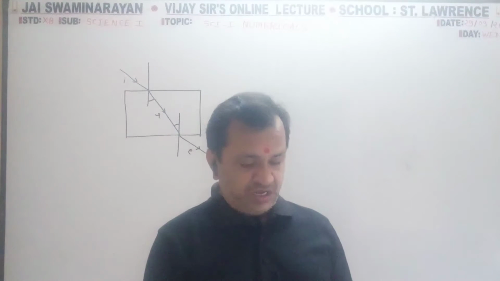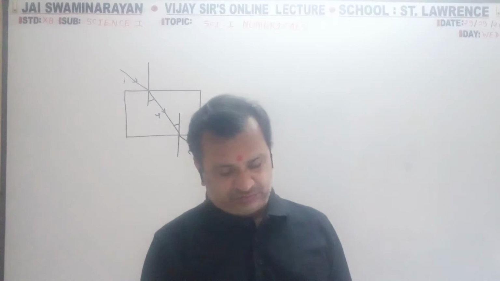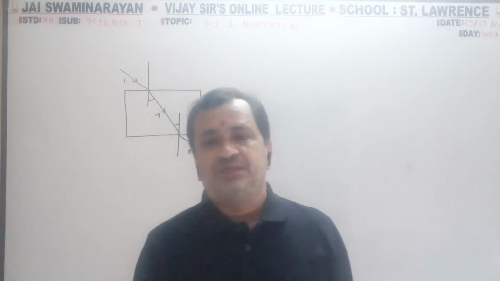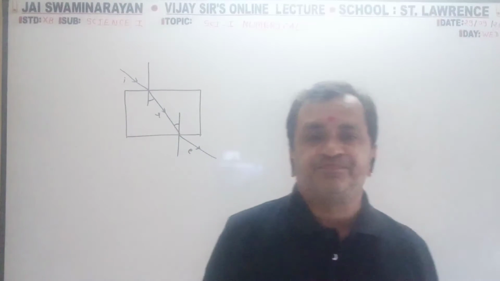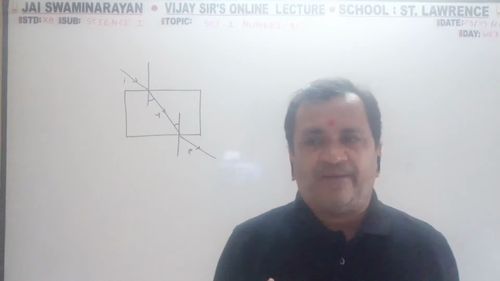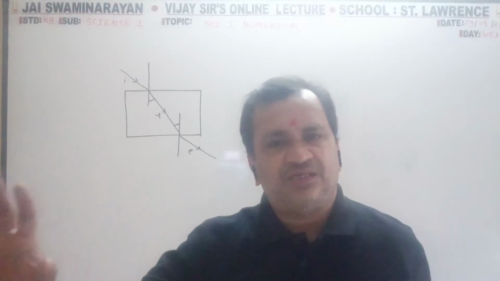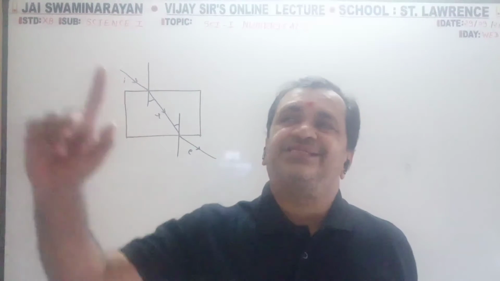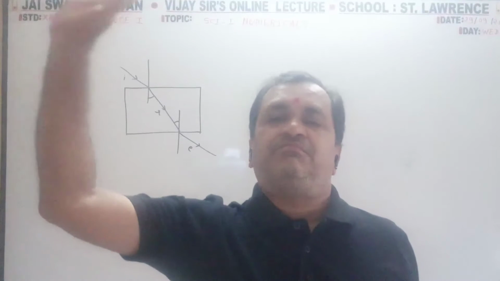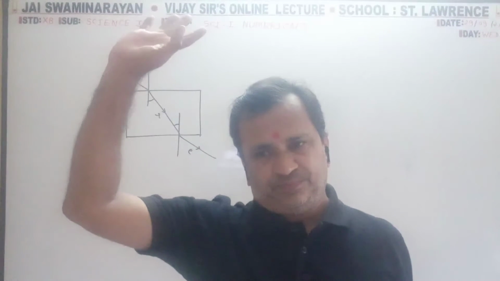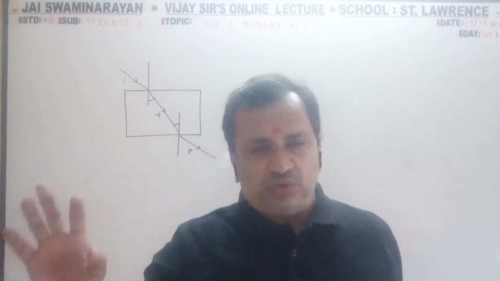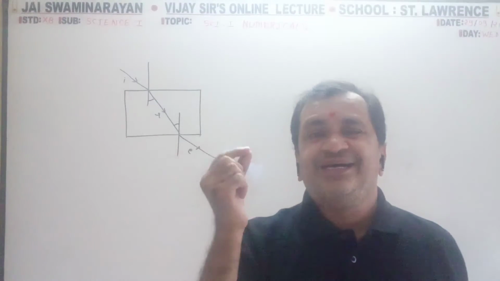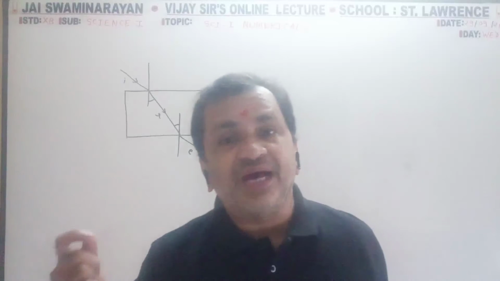Question number 3, first mark, very important. Twinkling of star. Stars are like the sun only, but compared to the sun, the star's distance is more. So there are different media: vacuum, rare media, medium media, dense media.